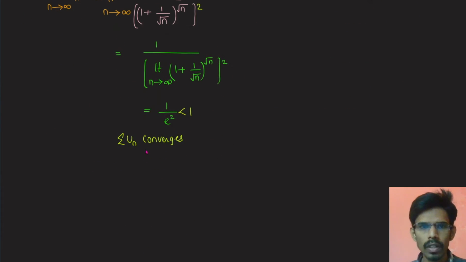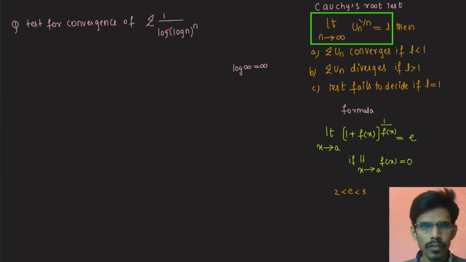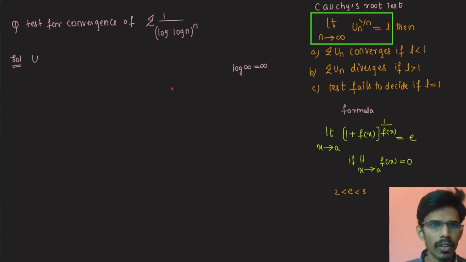So this also converges. Now for convergence of sigma 1 by log of log n whole power of n, this n will be the power to this log, whole log we have. Now the general term will be un, that is without sigma, 1 by log of log n whole power of n here.